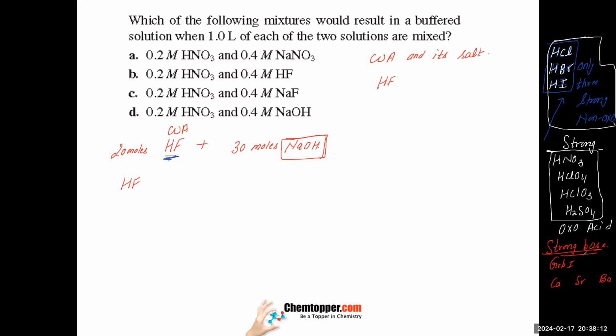Okay. Now, Sanjana, you know group 1 metal hydroxides? What do you think, Sanjana? KOH. Is it a strong base or weak base? KOH. And what do you think for Mg(OH)2? Strong, weak? This one.